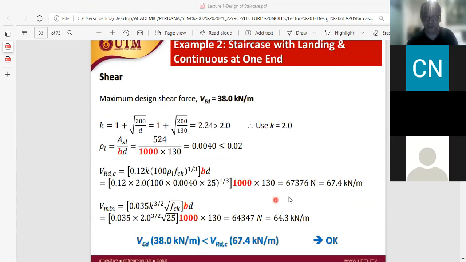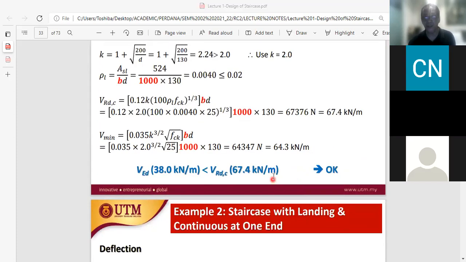So we have these two values, VRDC dengan Vmin. So we select VRDC as our shear resistance, dan daripada situ clearly the design shear not exceeding the shear resistance. So it's okay. So usually shear tak ada masalah sangat. The only problem is in terms of deflection saja.